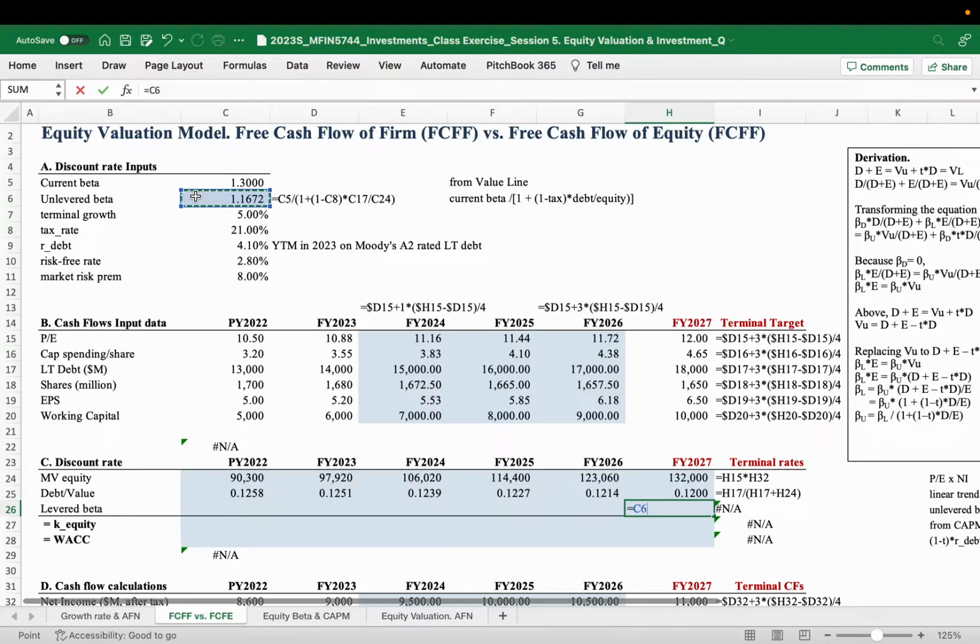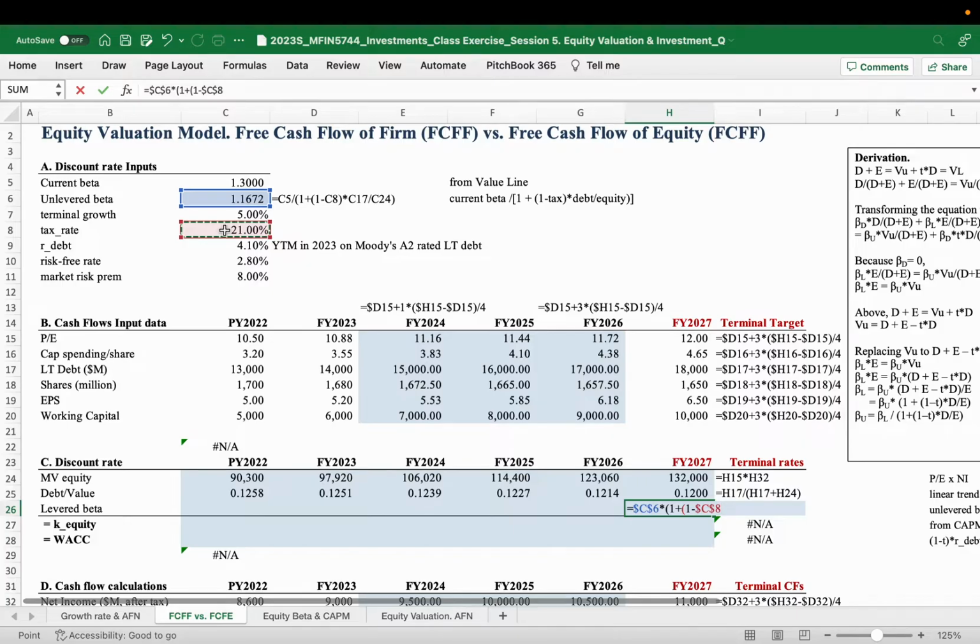That doesn't change. Now times open the parenthesis. What we are using is this equation to get the levered beta with the unique capital structure of each project year. Now this is 1 plus, open the parenthesis, 1 minus tax rate.